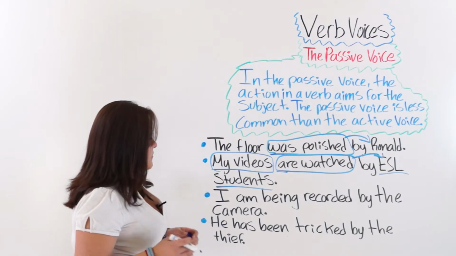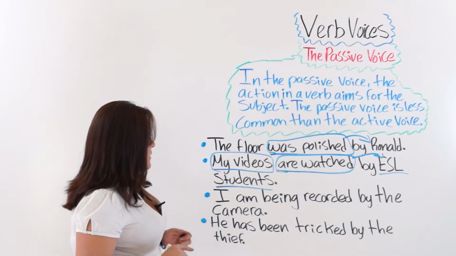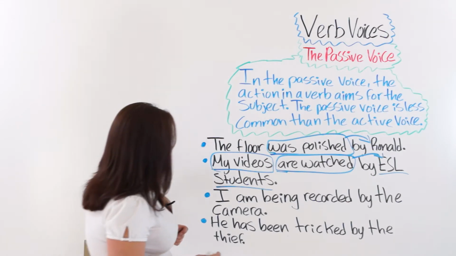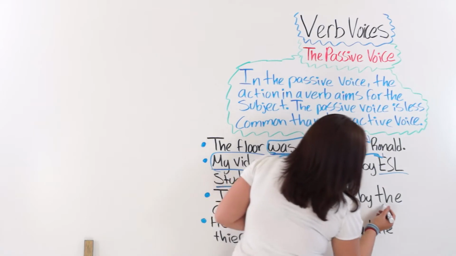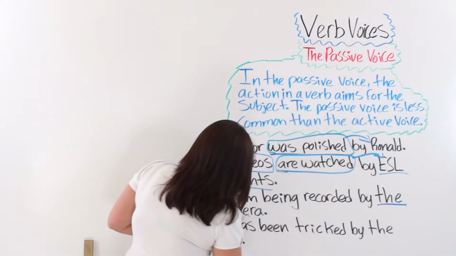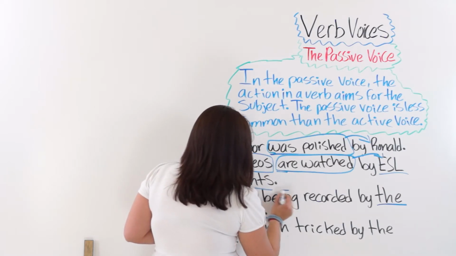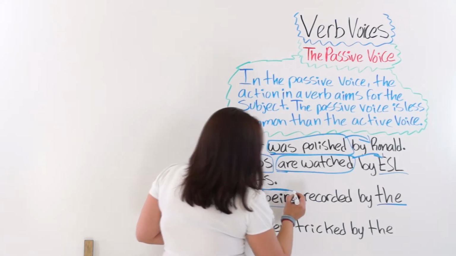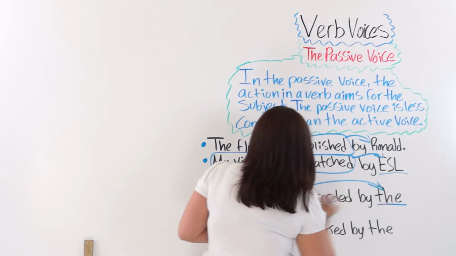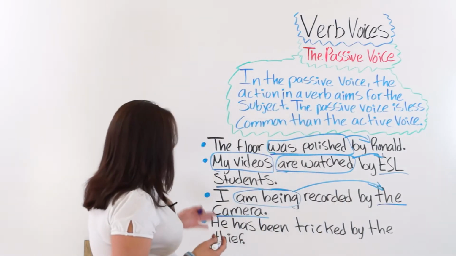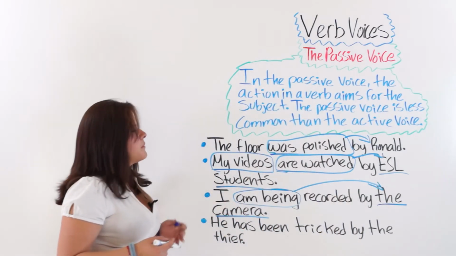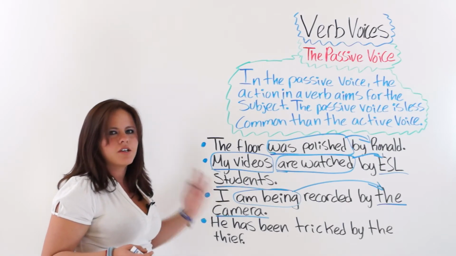In this one here, we are using the camera as a subject. And am being is a verb phrase that is affecting the subject. Okay? I am being recorded by the camera.